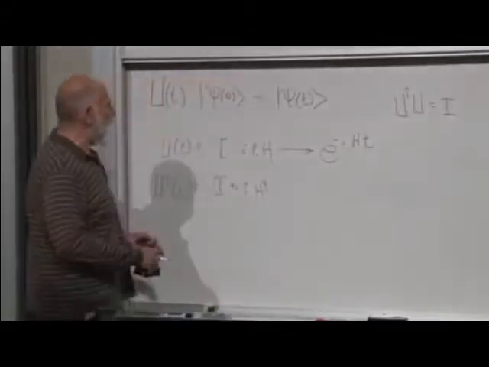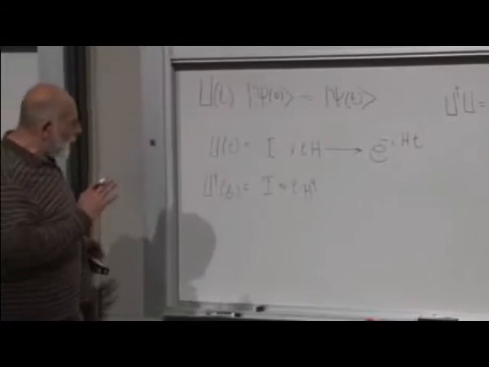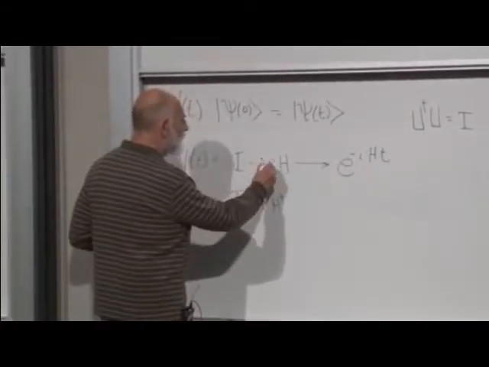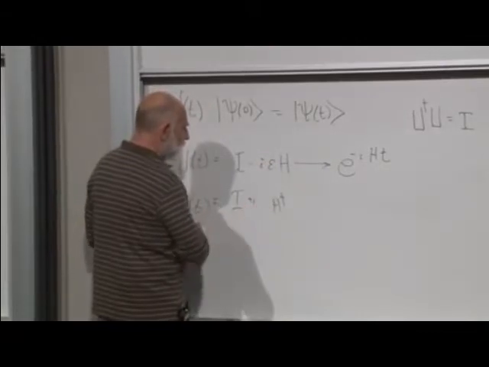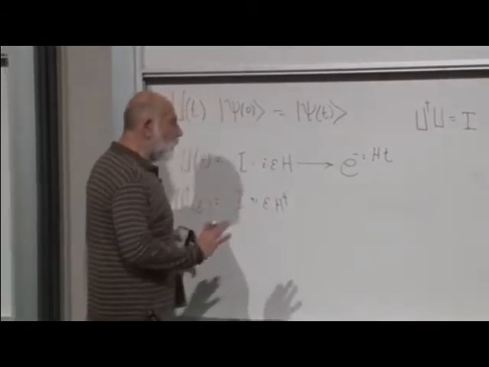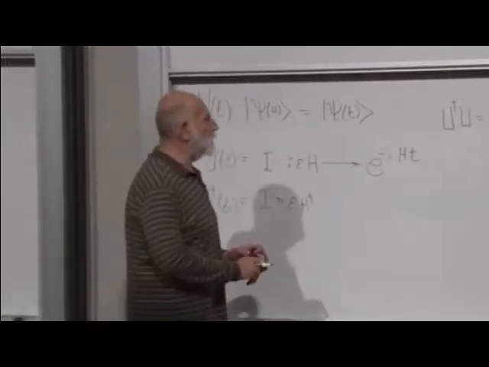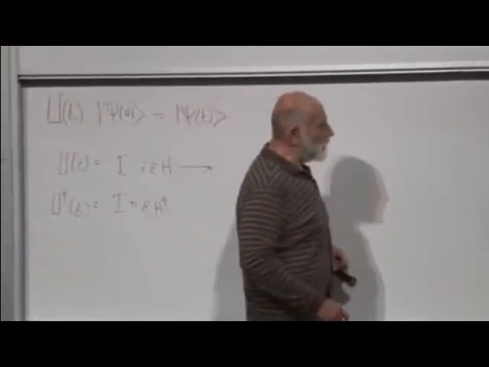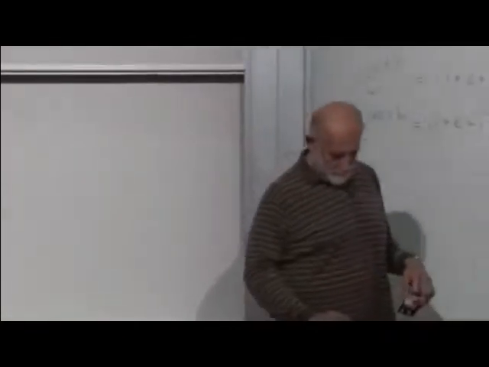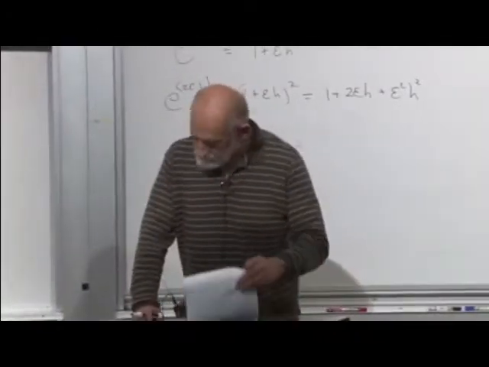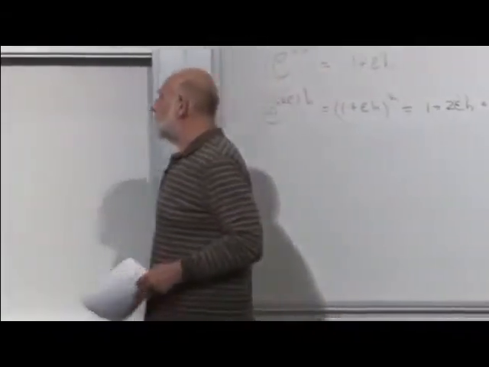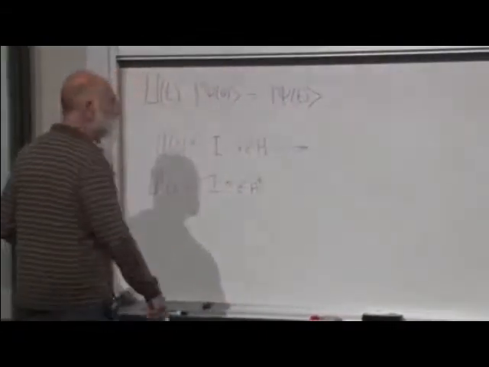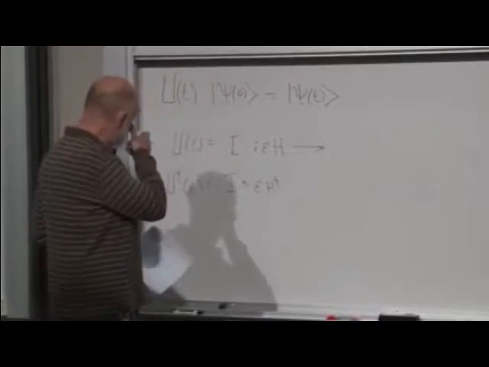And this is an important fact, but for small intervals, small epsilon, we can just be consistent and work to order epsilon. We'll find out everything we need to know. Okay, so there's a concept now of a Hamiltonian. Let's see if we can understand this equation a little bit better.